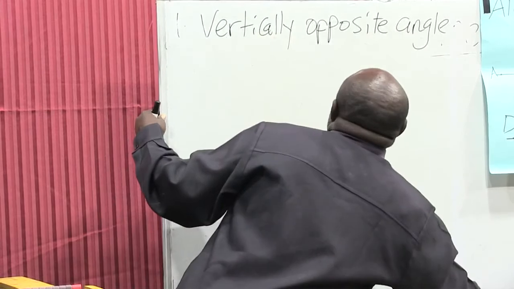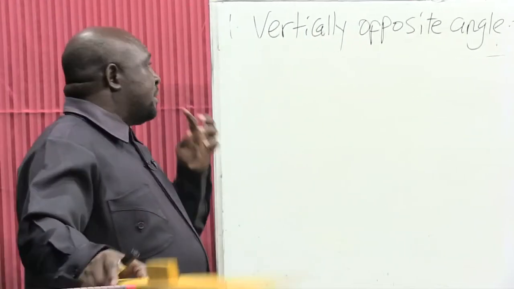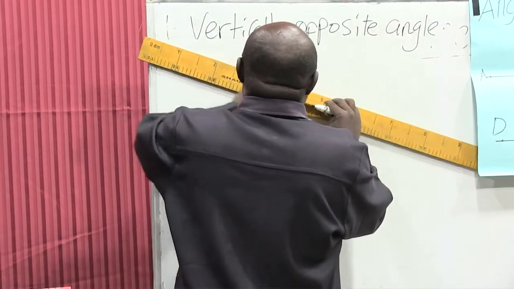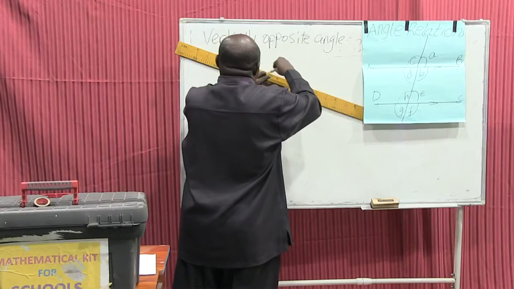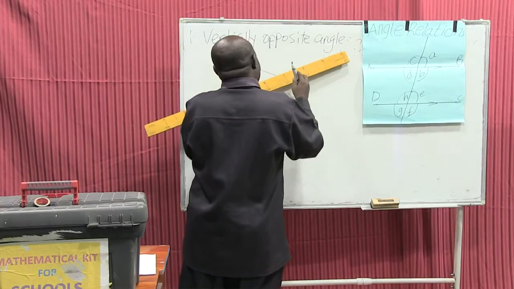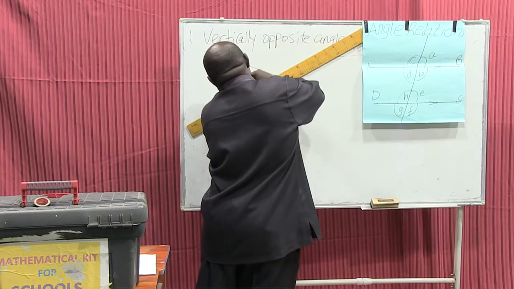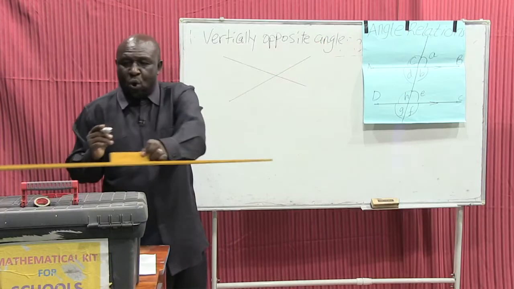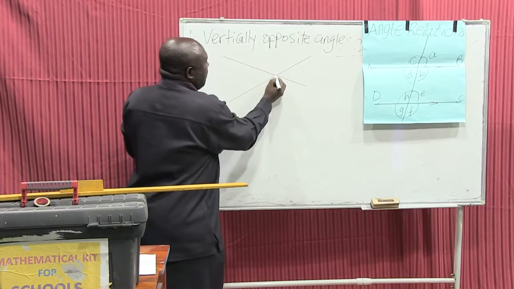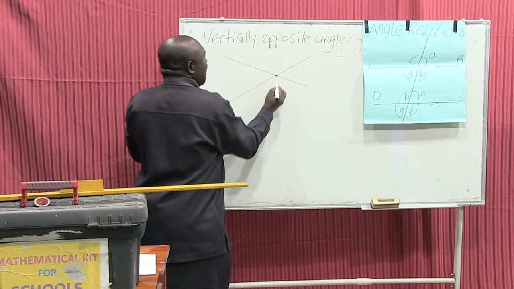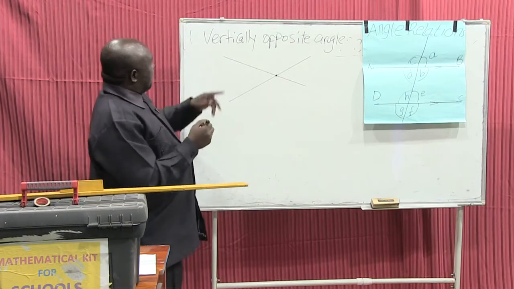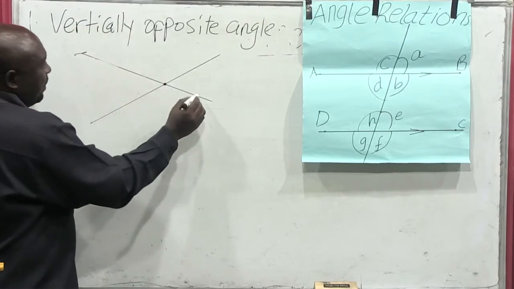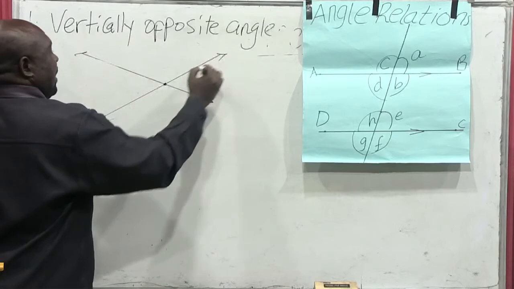Now when you say vertically opposite angles, it means, this is the point of intersection. These 2 lines are meeting at that point.